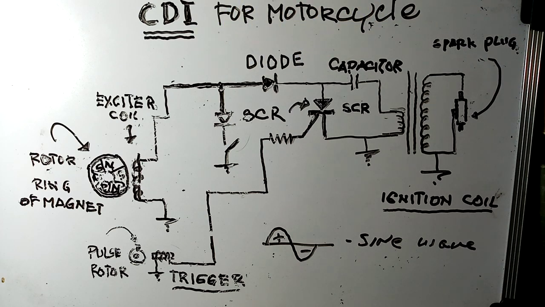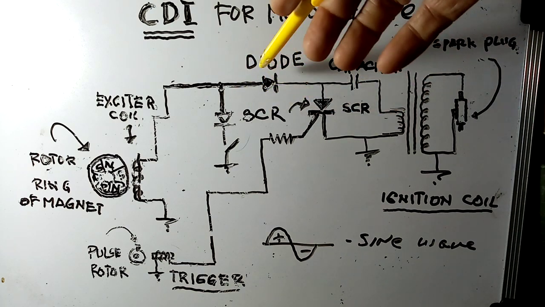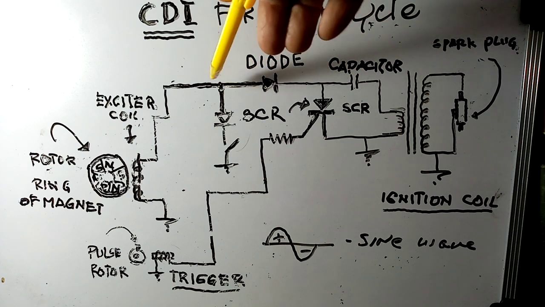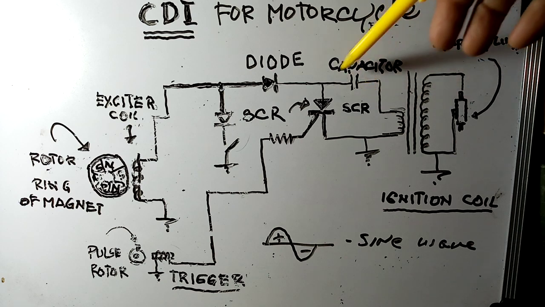It means that it will change into a conductor. So the current will flow here and store the voltage here in the capacitor.